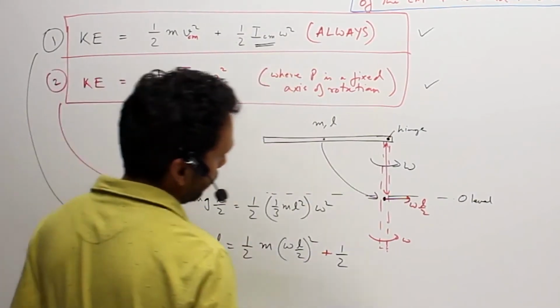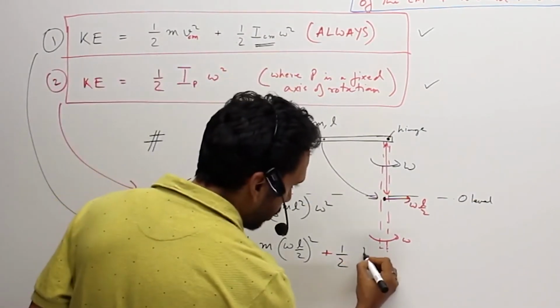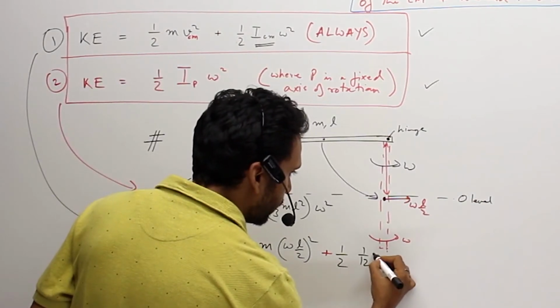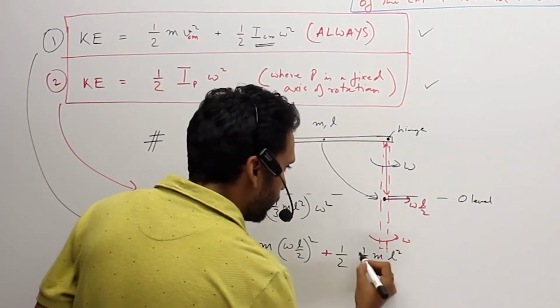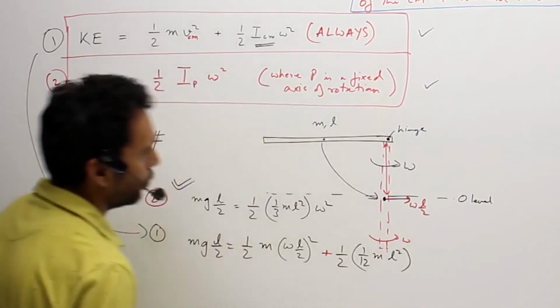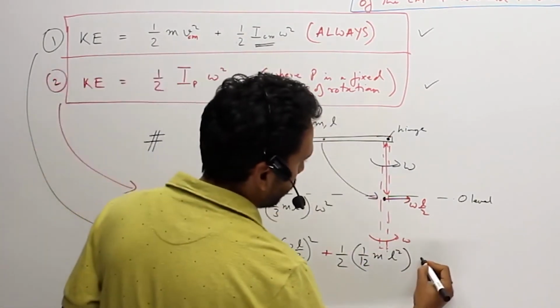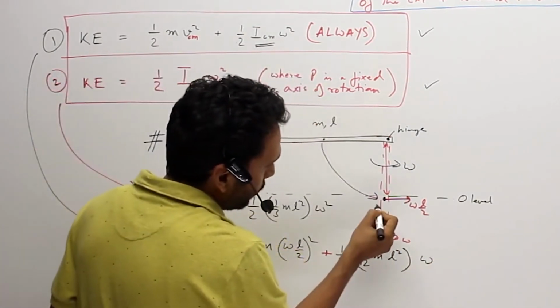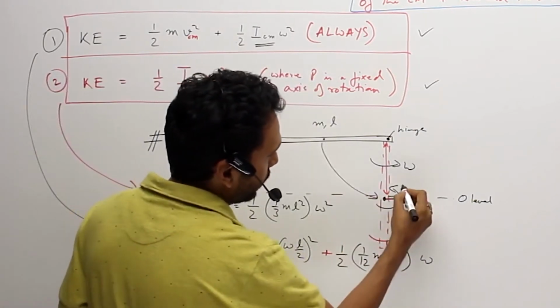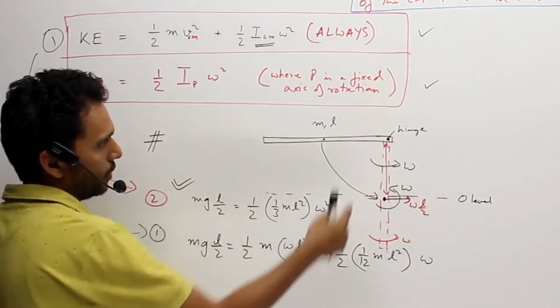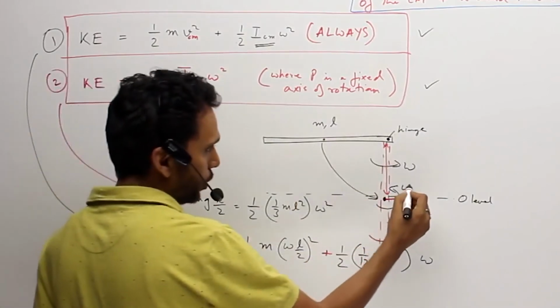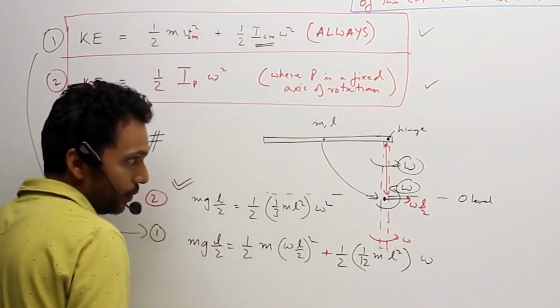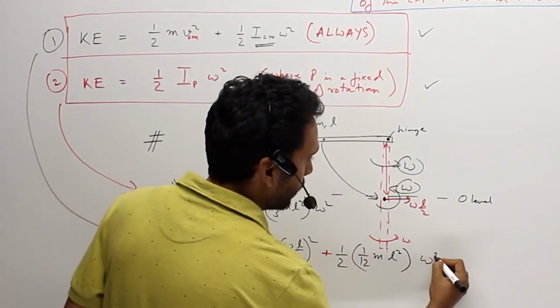It has to be ICM. So what is ICM of the rod? 1 by 12 ml square. That's your ICM of the rod into omega square. Which omega? This will be rotating about the center of mass with the same omega as explained to you earlier. So this omega will be that omega. That's crucial. This omega and this omega will be same. So that's a wonderful thing.